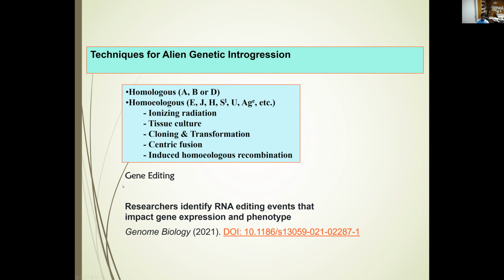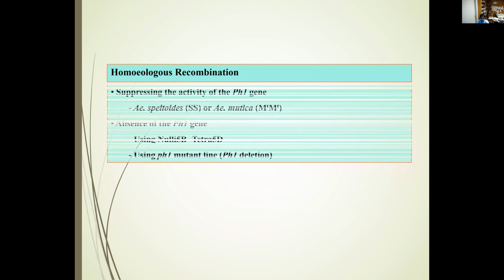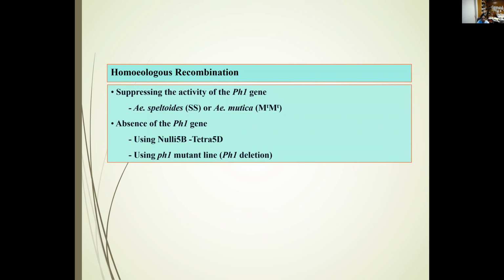Here is a recent article I read this week, and it's a really fascinating one. You can read it. It's really good on that gene editing story. Homologous recombination, how we can do it: by suppressing the activity of the Ph gene.